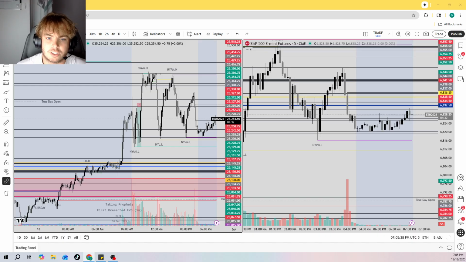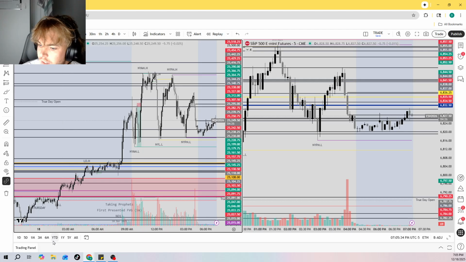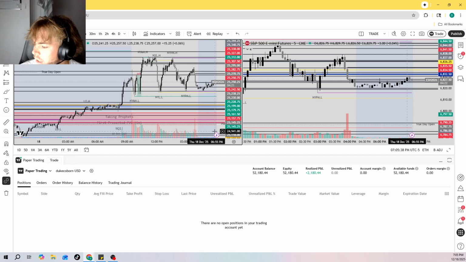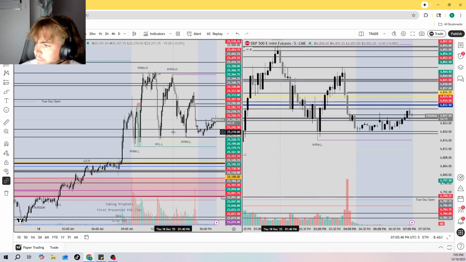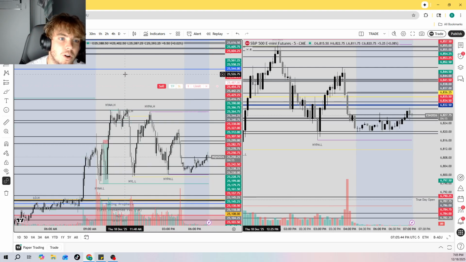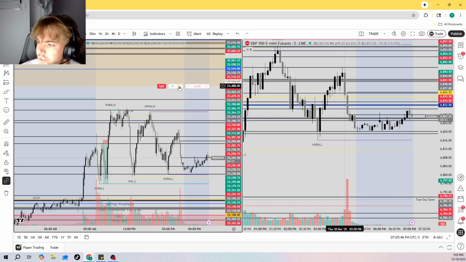TradingView gives me clean charts and execution platforms, right? So if I go here, I might have to open a paper trading account for you guys. We'll do this here, right? So if we go here, this will be the same as if it were a live account, obviously.